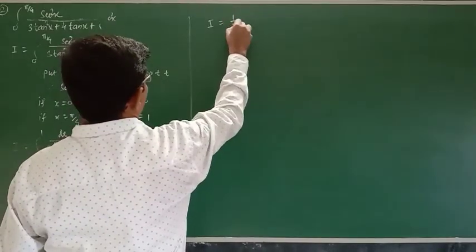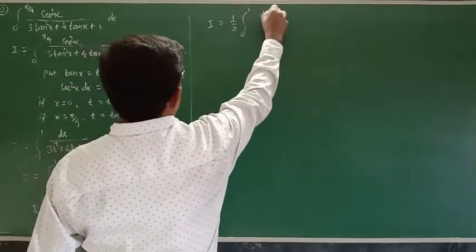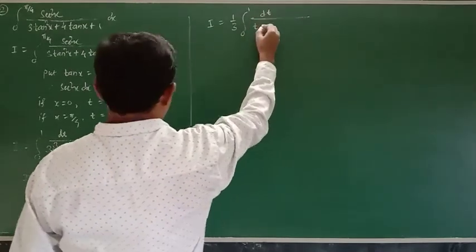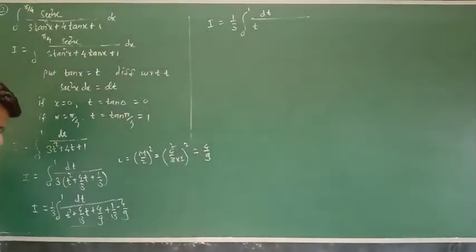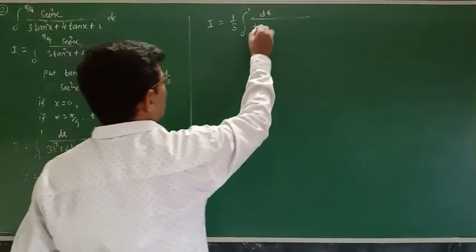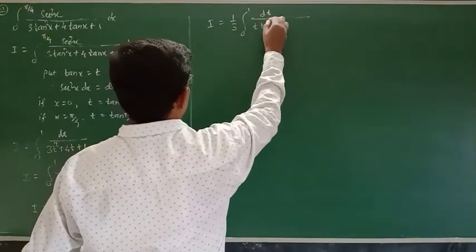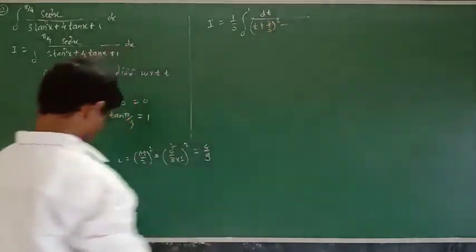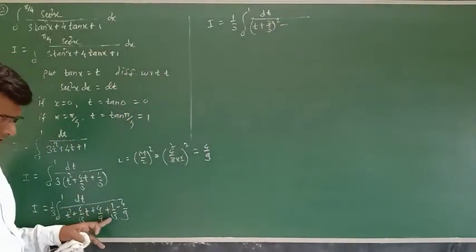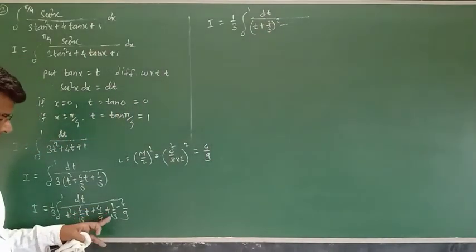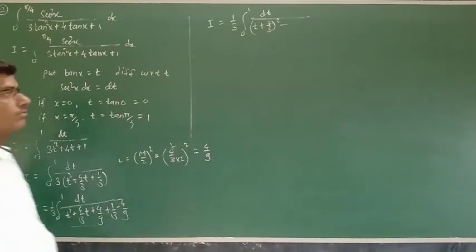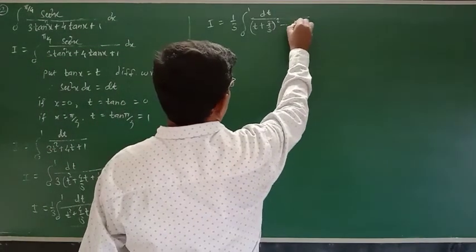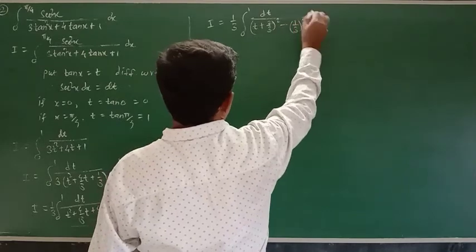Okay, so integration I is equal to 1 by 3, 0 to 1 dt upon the square of t plus 2 by 3, bracket square, minus, multiplying numerator and denominator by 3, 3 minus 4 upon 9, which is minus 1 by 3 square.